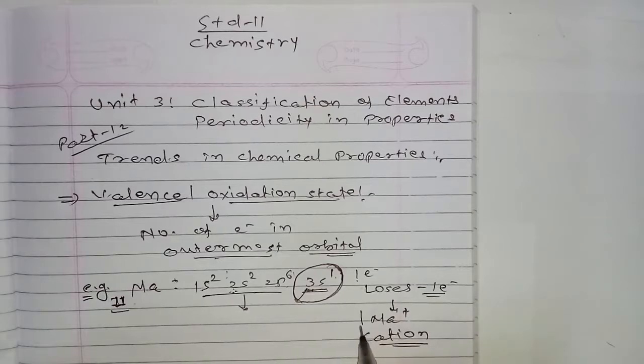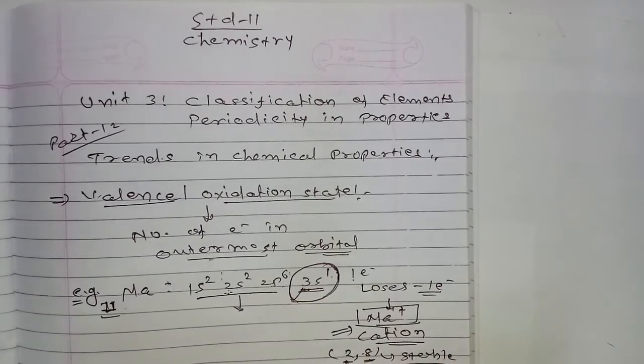Whenever it loses one electron, it is converted to a sodium ion, or cation. This makes it very stable because now it has 2 electrons in the first shell and 8 electrons in the second shell. This makes it a stable condition.